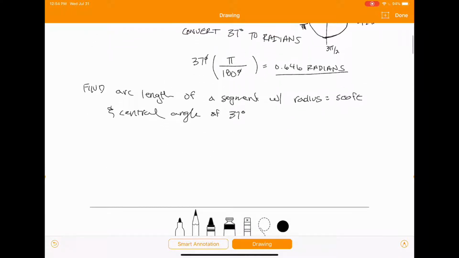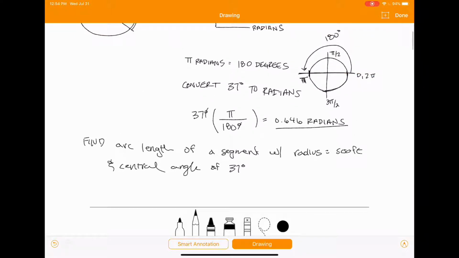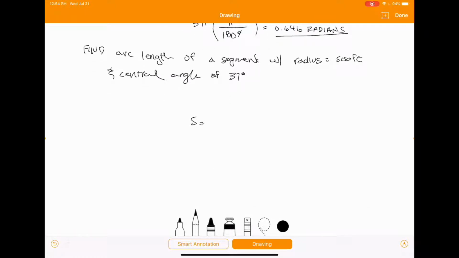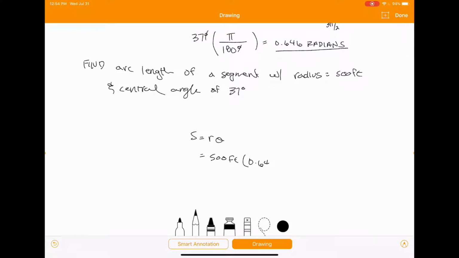Now I've already converted our 37 degrees to radians, and so we just use this equation from up here. We know that our arc length is going to be equal to radius times our theta, given in radians. So our radius is 500 feet, and our theta is 0.646. And so our arc length is going to be equal to 322.9 feet. And so it's really that simple to find arc length and to convert from degrees to radians.